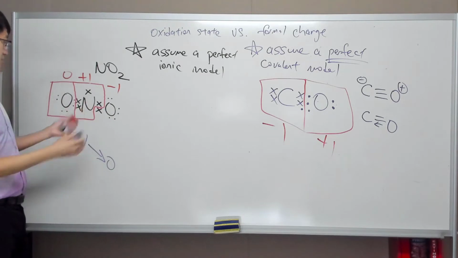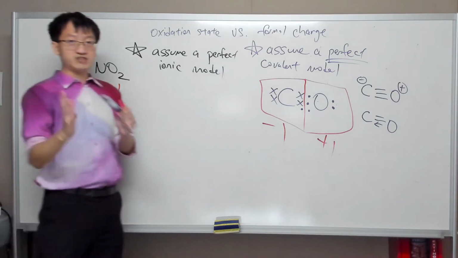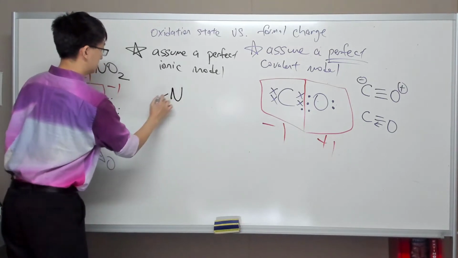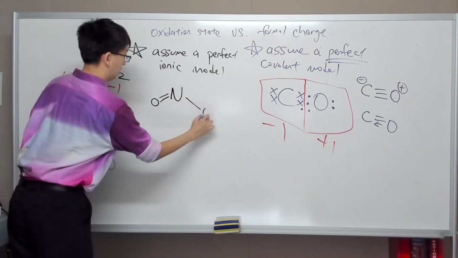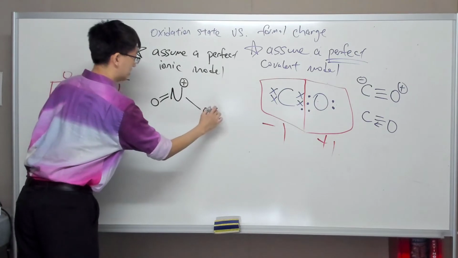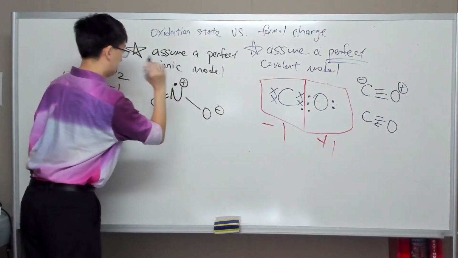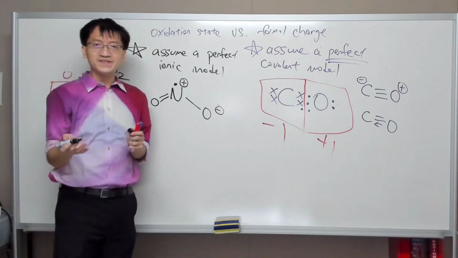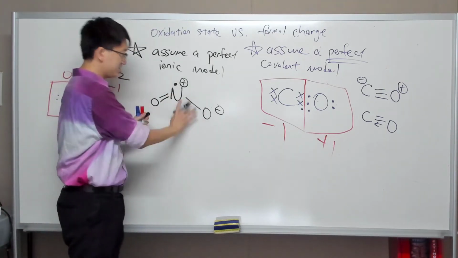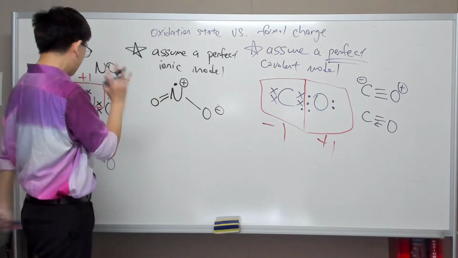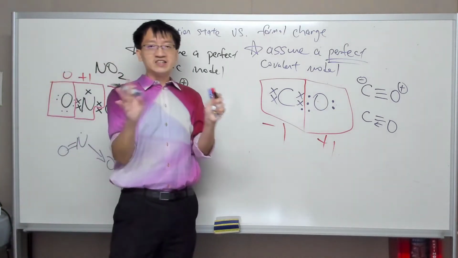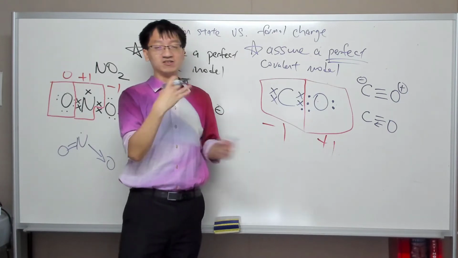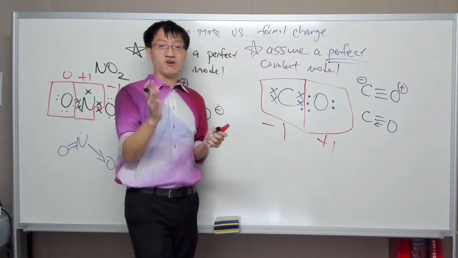So when we draw out the Lewis structure indicating the formal charge, you notice that it looks like this, with a plus and a minus, and of course a lone electron here. Then you realize this one looks quite weird, but actually this drawing fits perfectly, because from here I can showcase the drawing of resonance structures.